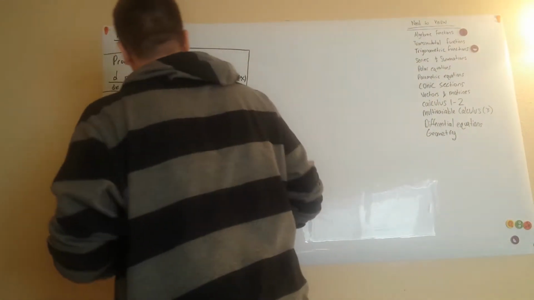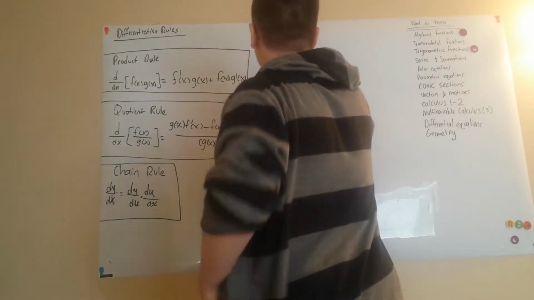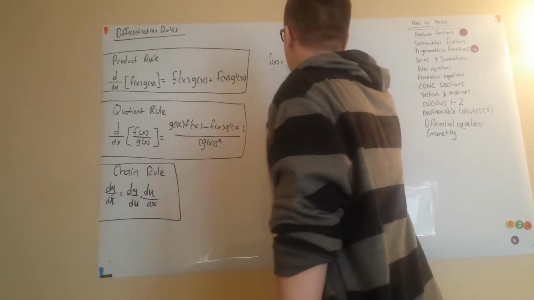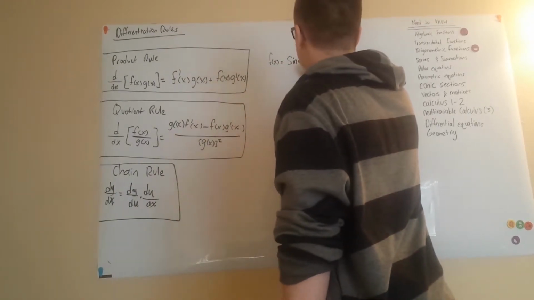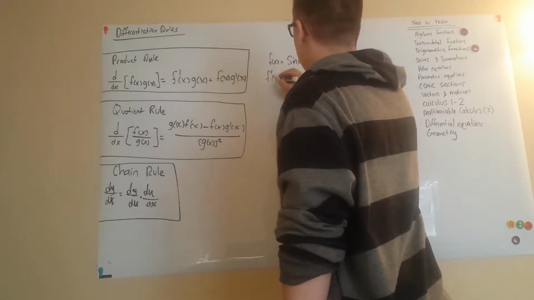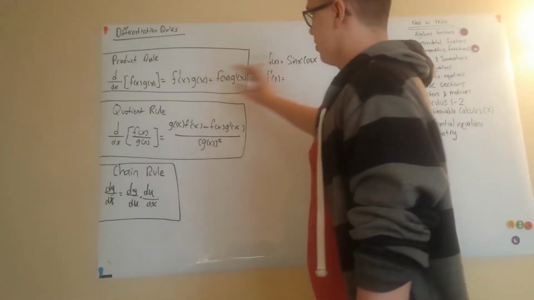Let's start with the product rule question. f of x equals sine x times cosine x. Typical question. Let's do it. Use product rule.